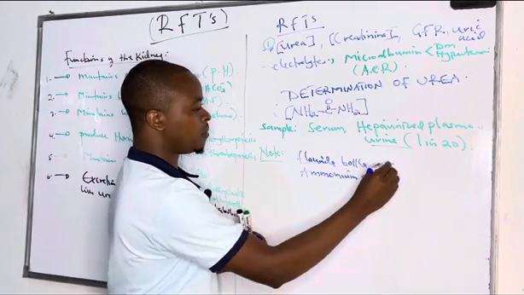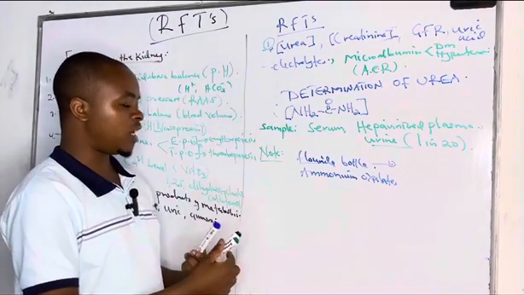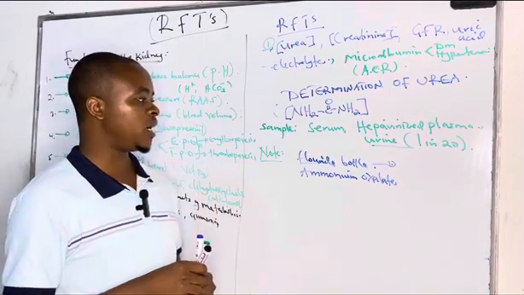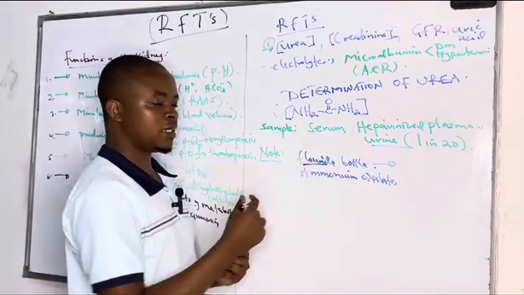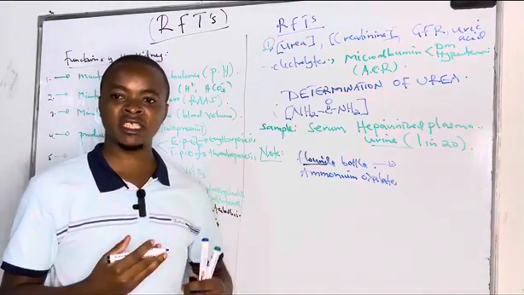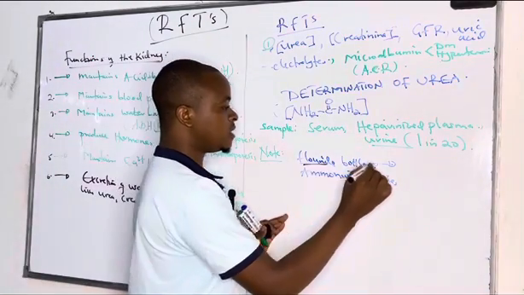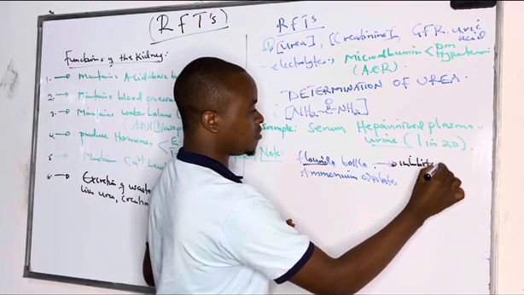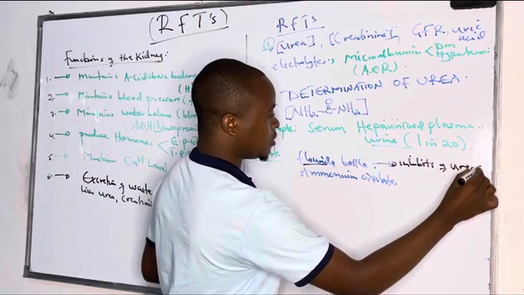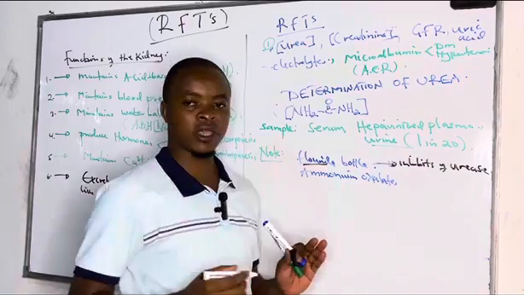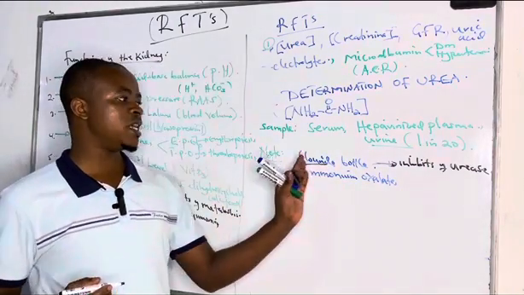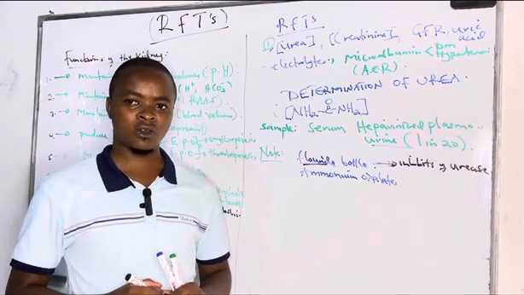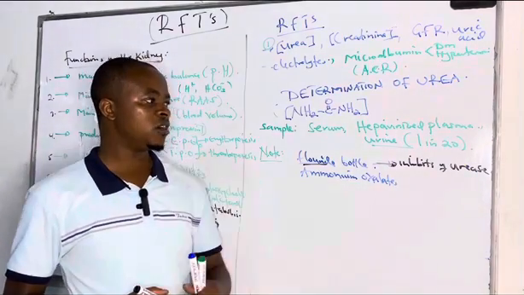Fluoride is a poison for urease. So whenever you use the fluoridated bottle to determine urea concentration in blood, fluoride will inhibit the action of urease enzyme in the reagent. So that's why we cannot use it. Whenever you use fluoridated blood, you get false results because of inhibition of urease enzyme.